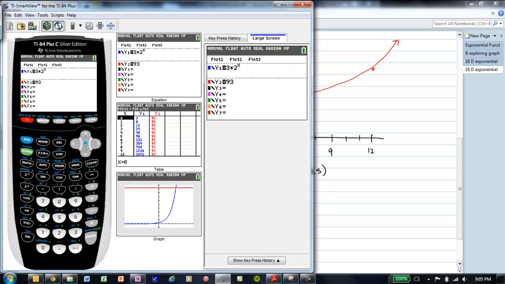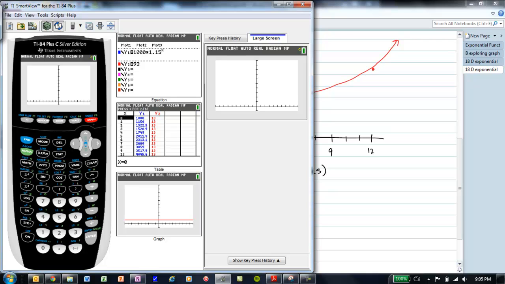So going to y equals, I need 1,000 times 1.15 to the x. My y2 is going to be 10,000. I'm going to graph those.